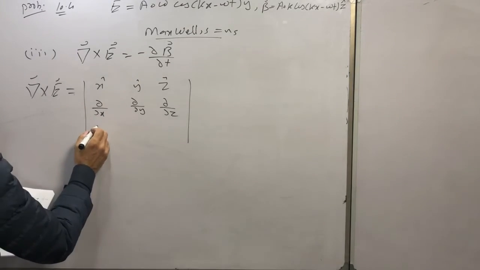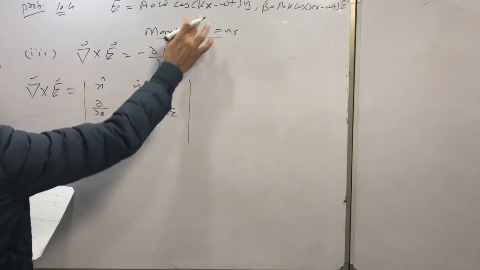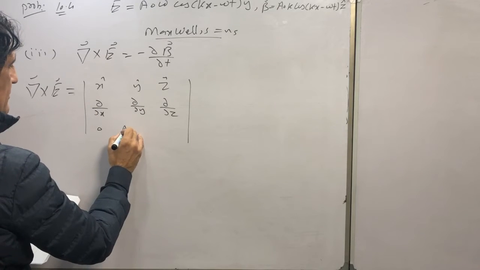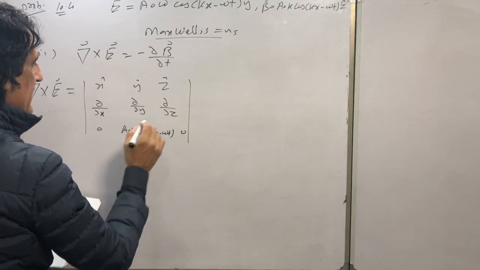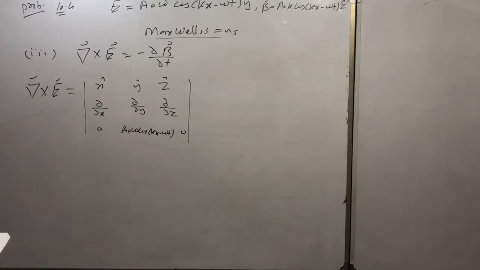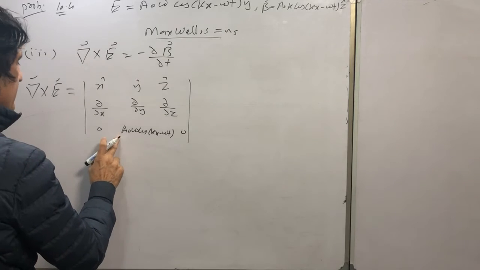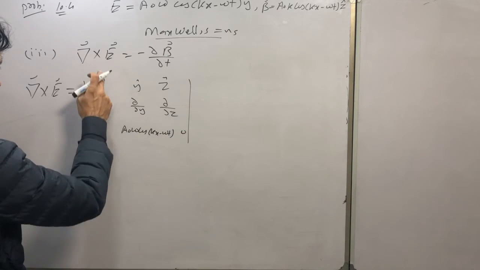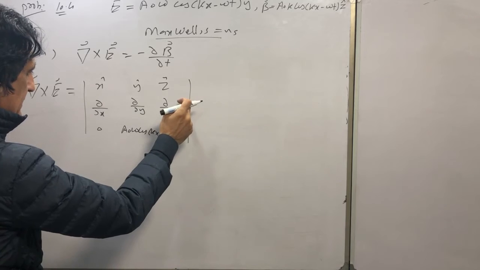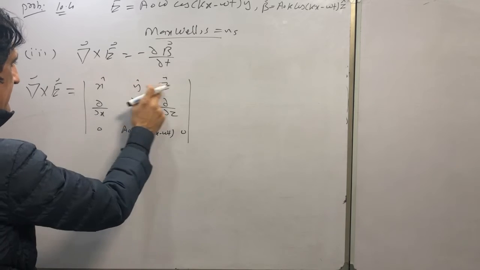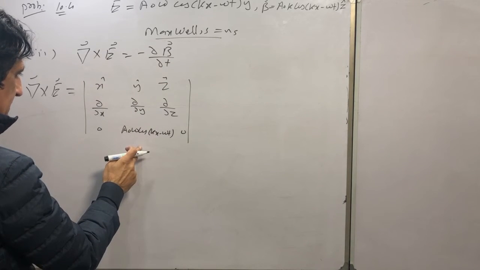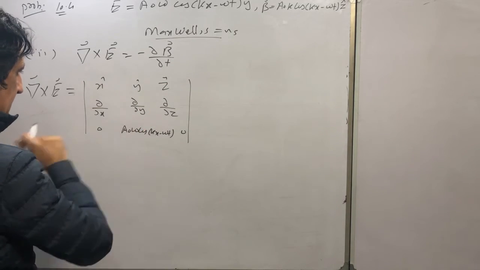Here we have only the electric field in the y component, A naught omega cosine of (kx minus omega t), and the z component is equal to 0. Finding the curl, the x component is equal to 0, and the y component is also equal to 0.